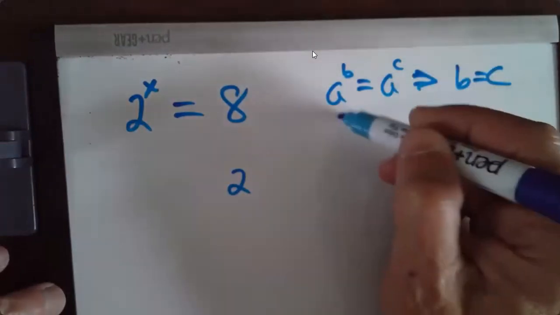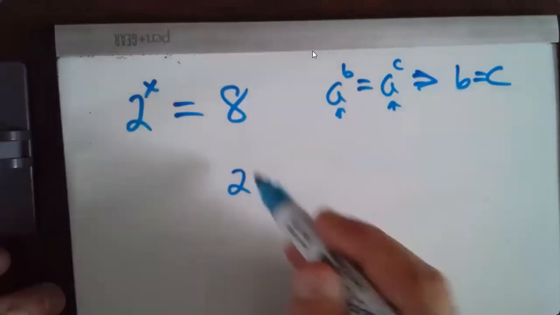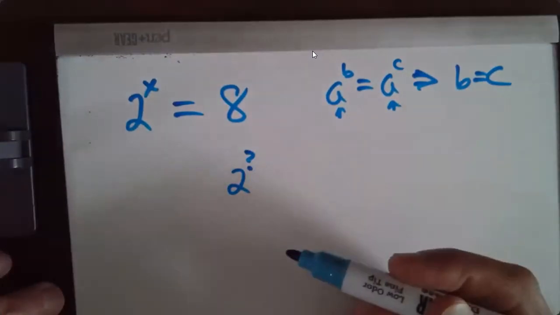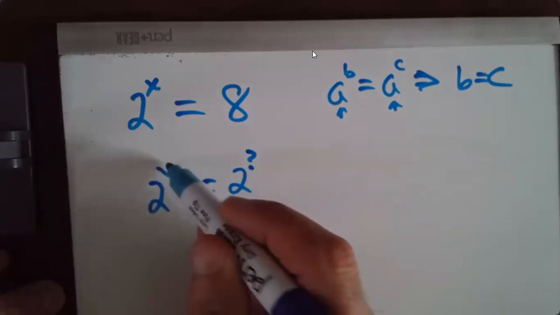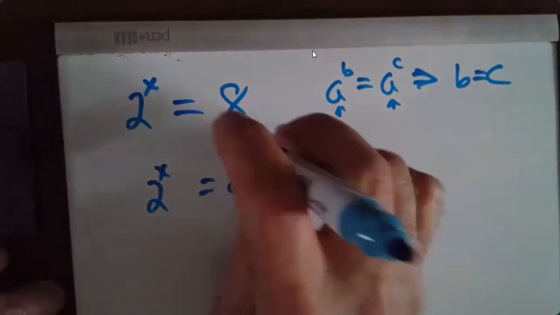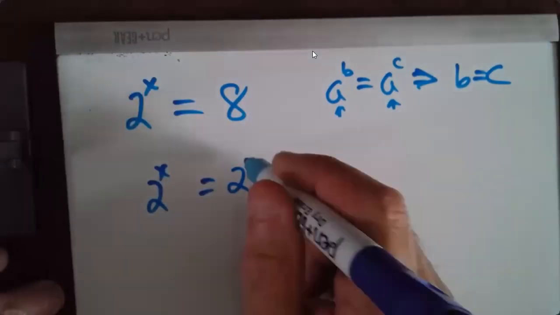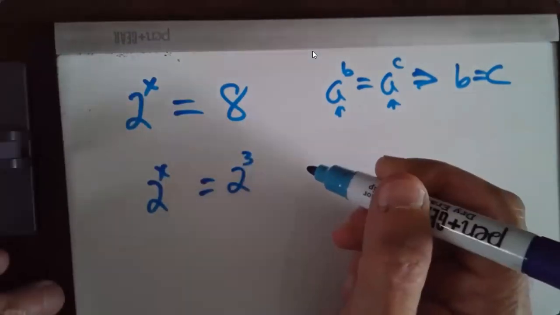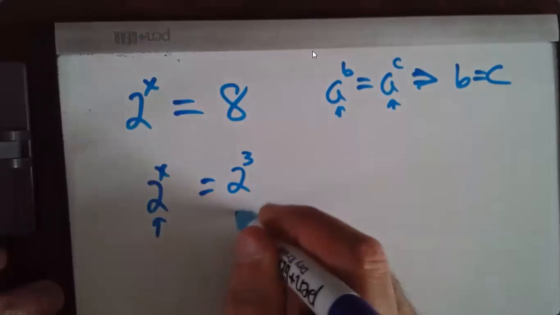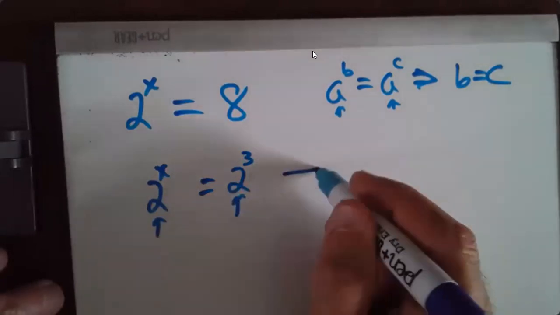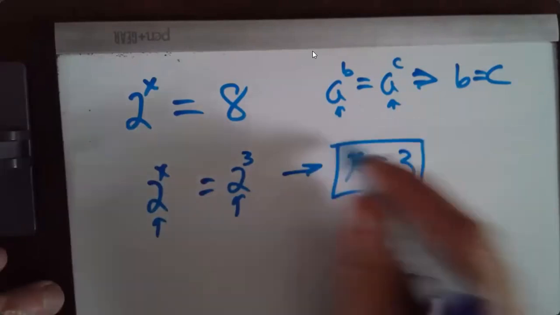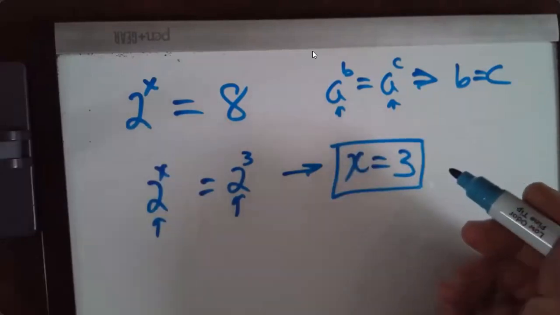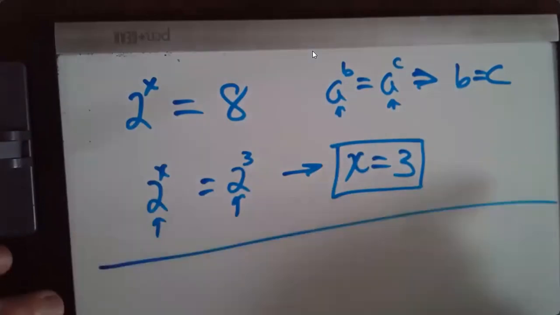Can I get these two bases to be the same? Can I make 8 2 to some power? Well, 8 is 2 to the 3rd. So our base on the left is the same as our base on the right, so we can set the exponents equal to each other. And so our answer is x equals 3. And that's all there is to it.